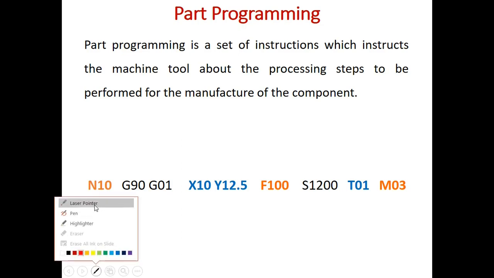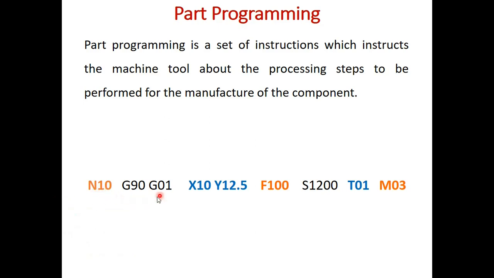You can see this is a part program line. It says N10, then G90, G01, X10, Y12.5, F100, S1200, T01, M03. So we will see each one by one.